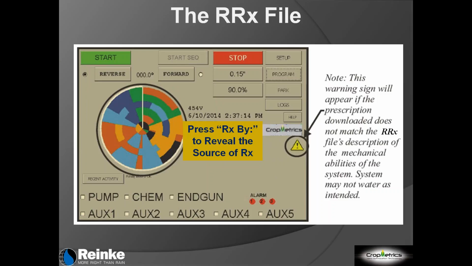And that template can be loaded into our touchscreen. And what that template does is it shows exactly where the zones begin and stop, how many zones are on that system and everything. And of course, we hope that the zones were installed on the system exactly the way the template shows they were.